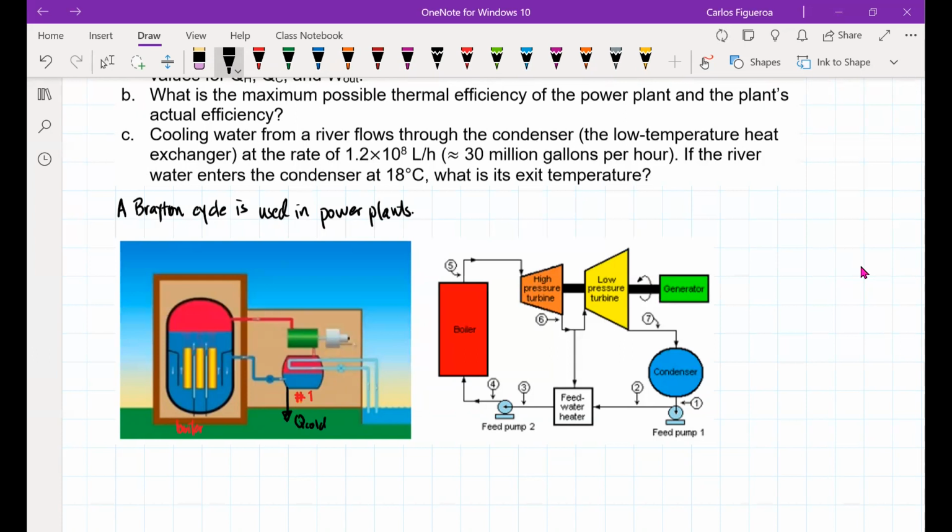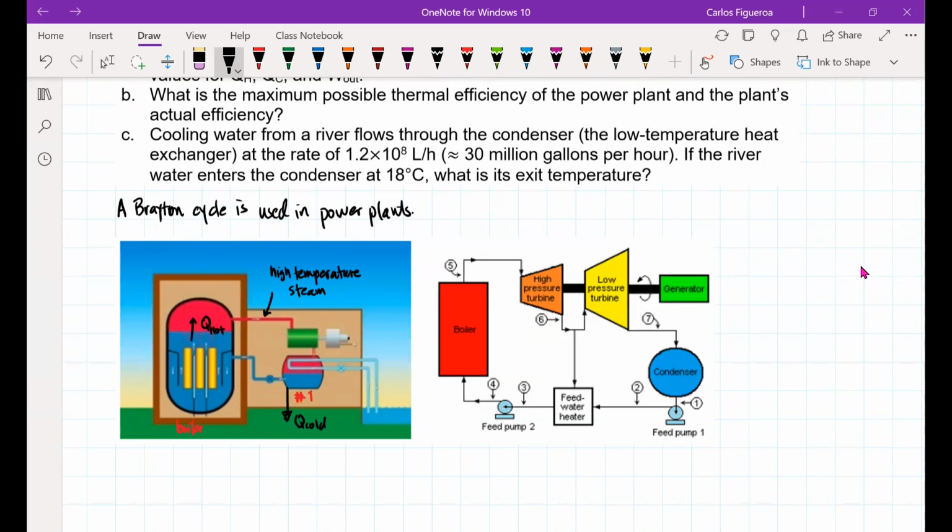And then in this process right here, you are now injecting Q hot into the water. And then it goes right in here. What you now create is high temperature steam.